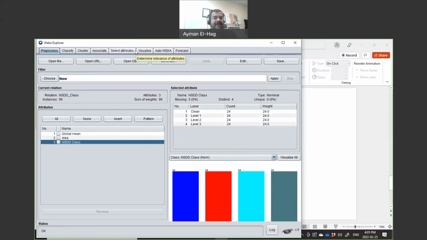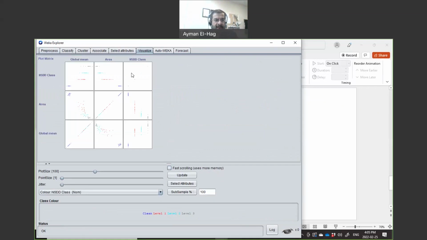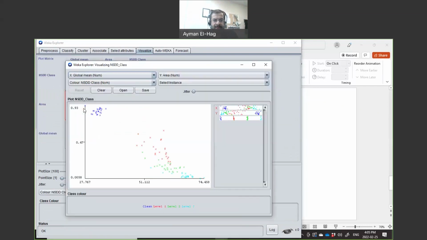Now let's visualize the data before we do any classification. Let's have the area here. The x-axis is the global mean and the y-axis is the area. Here we have the clean class very far away from the other classes.